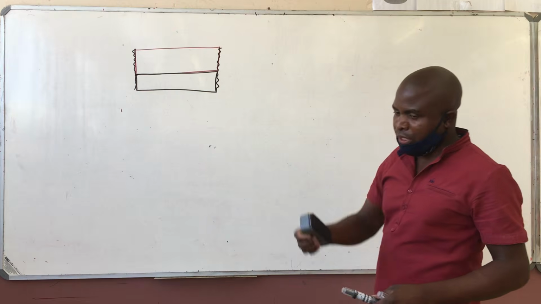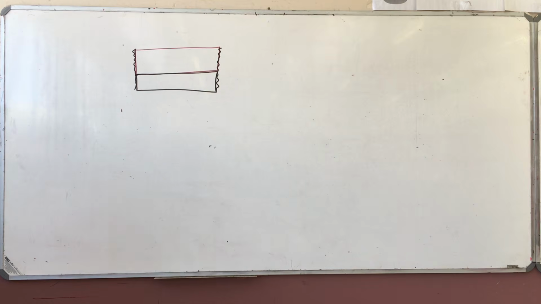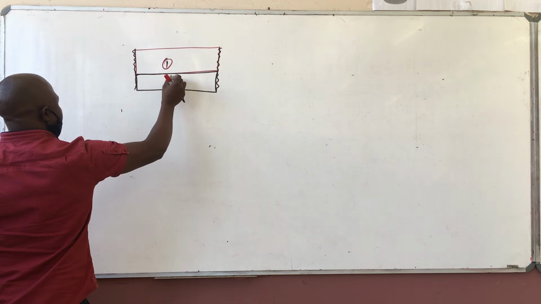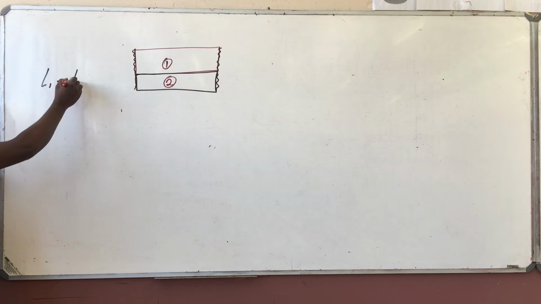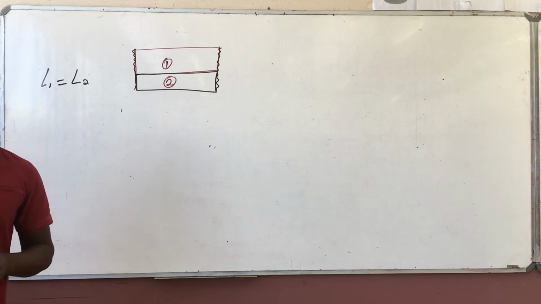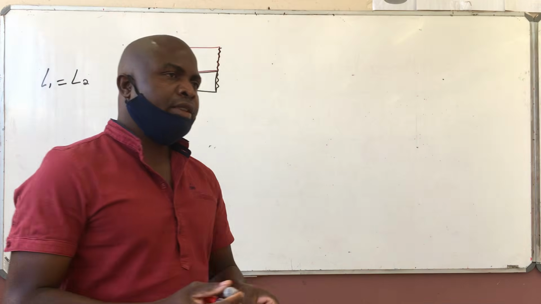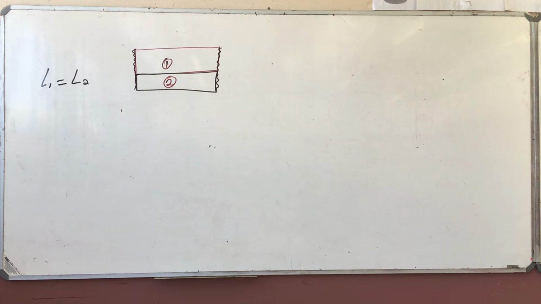So what kind of connection is this? Parallel connection. So the original length for 1 will be the same as the original length for 2. As they are moving together, even the final length will be the same. The change in length will be the same.